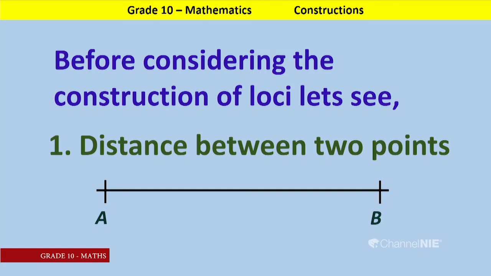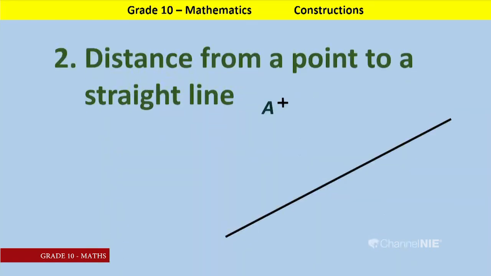Distance from a point to a line is the shortest distance. That is the perpendicular line. Distance from a point to a straight line, what is it children? That is a perpendicular line.